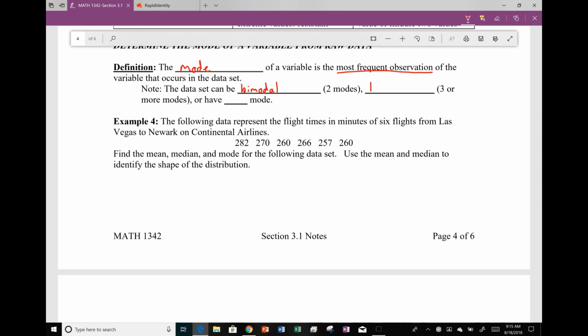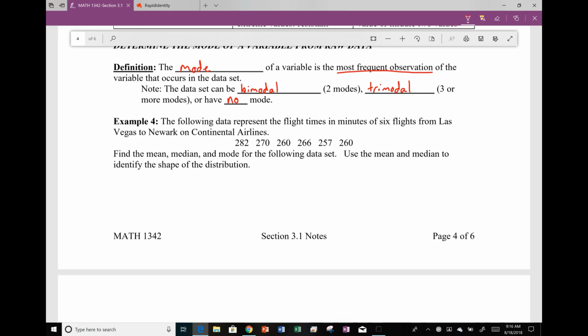It can also have trimodal, meaning three or more modes, or it can also have no mode. No mode means that everything occurs the exact same number of times. You can have everything occurring twice, but nothing occurs more often than something else. Therefore, it's a no mode.